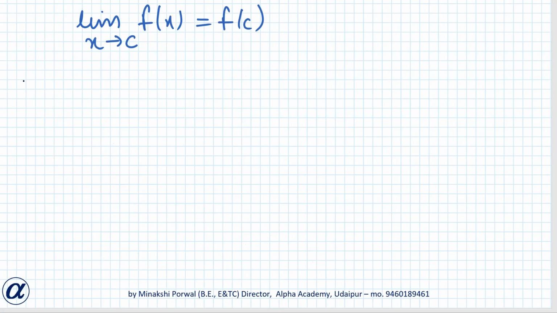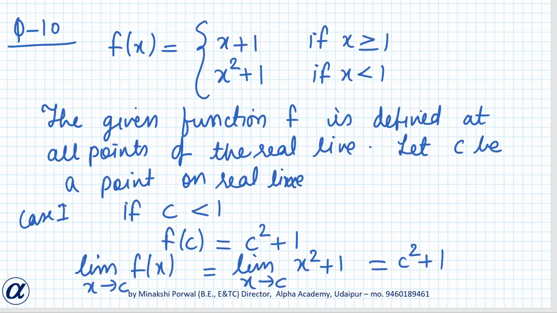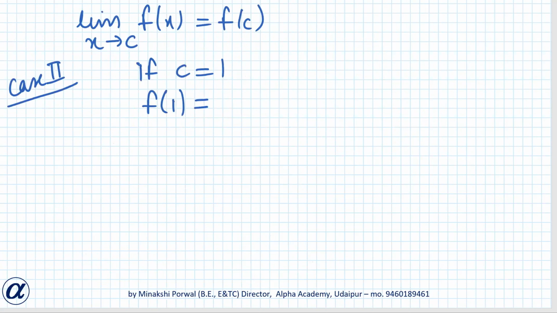Then case 2, if c is equal to 1. First of all, we'll find the value of the function, f of 1. When x is equal to 1, its value is x plus 1. So f of 1 is x plus 1, that is 1 plus 1, that is 2.